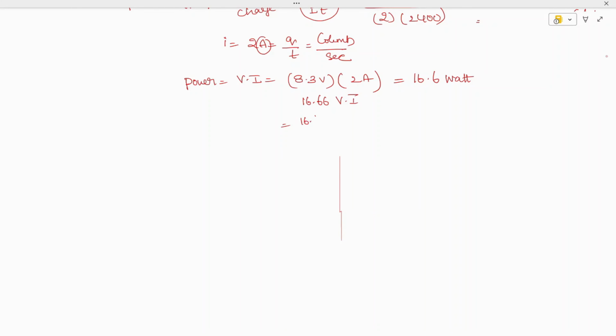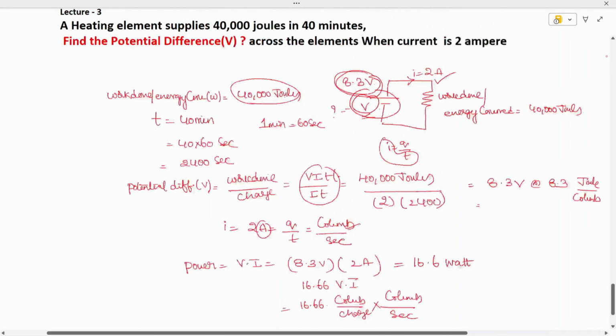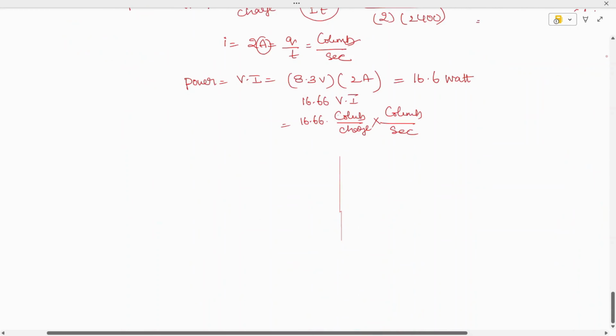When you substitute the formula for voltage, we get joules by coulomb, multiplied by the formula for current, coulombs by second. Therefore you can write it in this format also. The ultimate units of power can be expressed in watts.